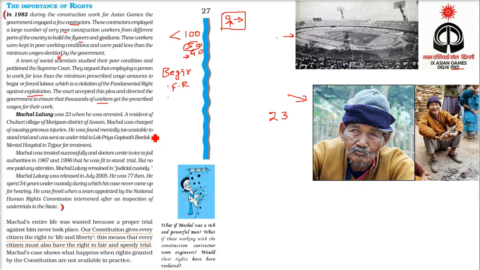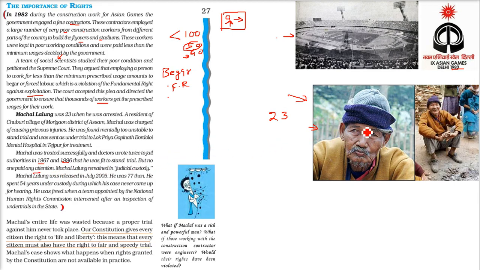He was unstable. Now this person was treated properly, and the doctors wrote a number of times, in 1967 and 1996, that you can try this person, now he is fit to stand trial. But no one paid any attention, no one was interested.